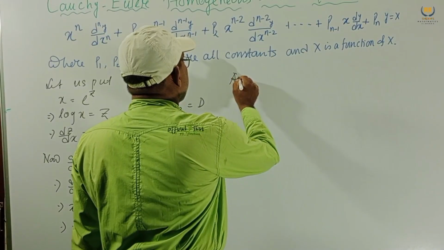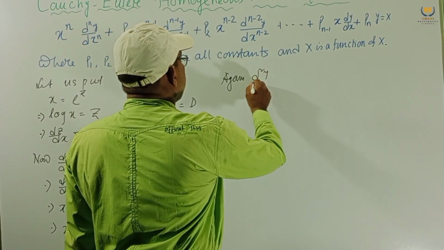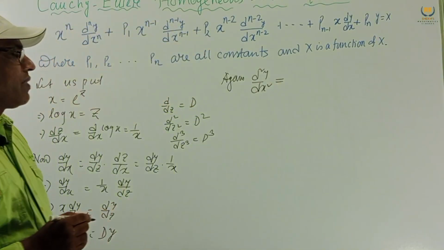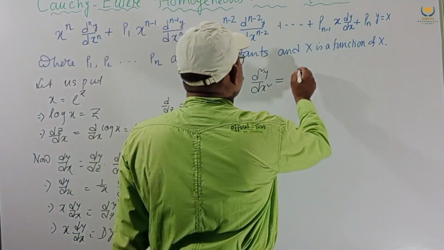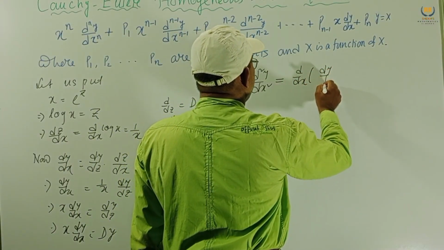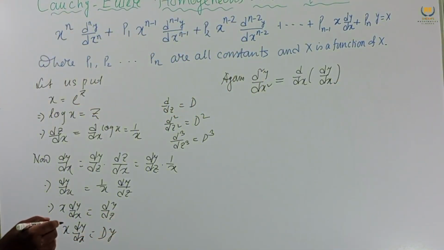Again, d^2y/dx^2 can be written as d/dx of dy/dx.